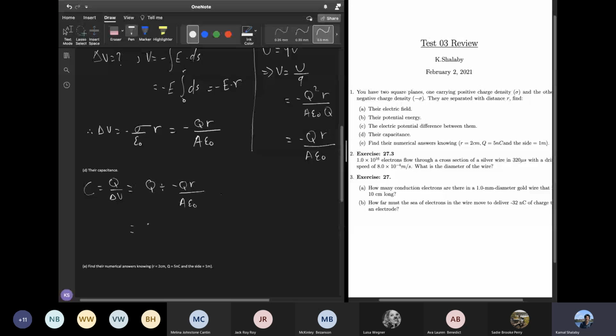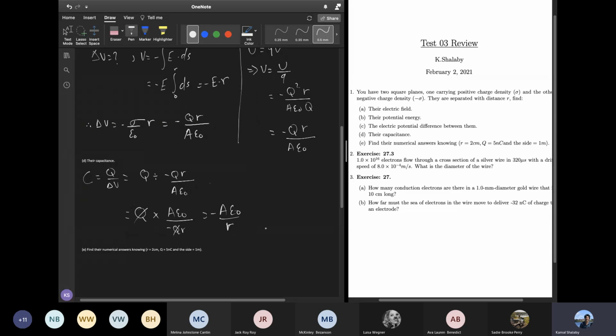We'll see where it came from. So it's going to be Q multiplied by A epsilon naught over negative QR. The Q's would just cancel. We have A epsilon naught over R, negative, and this negative is extra. We shouldn't be getting this negative.